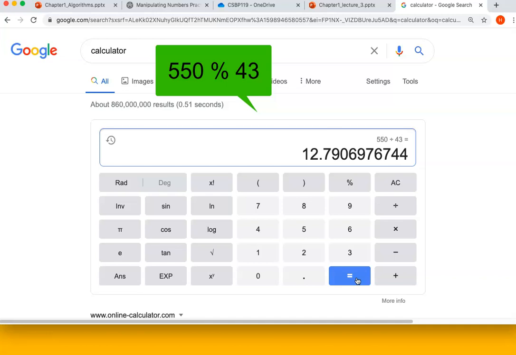Now multiply that by 43. That gives us 516. Now this is the nearest multiple of 43 below the number 550, which we're interested in. So now you need to find the difference between these two. So you have to subtract 550 minus 516. And the answer will be 34.